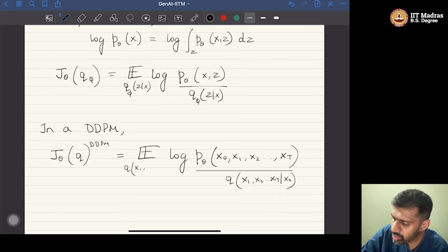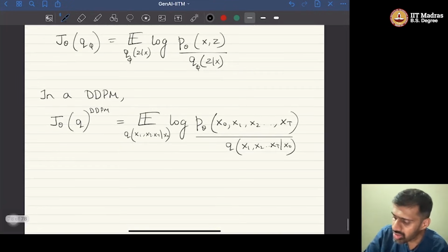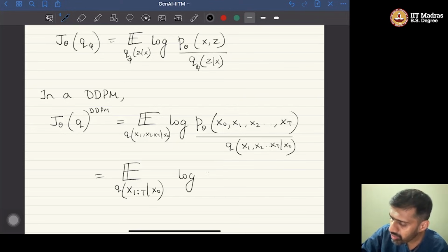q of x1, x2 up to x capital T given x naught, because x naught is the data variable here. I'll write it in shorthand to save some space, as q of x1 to T given x naught. And this is the expectation of log of p theta of x naught to capital T divided by q of x1 to capital T given x naught.